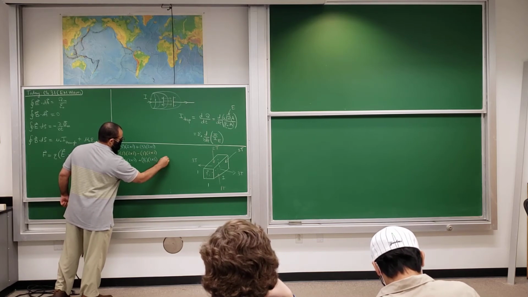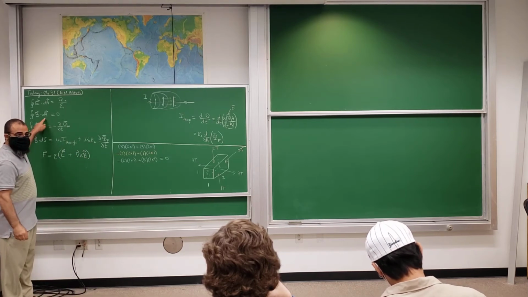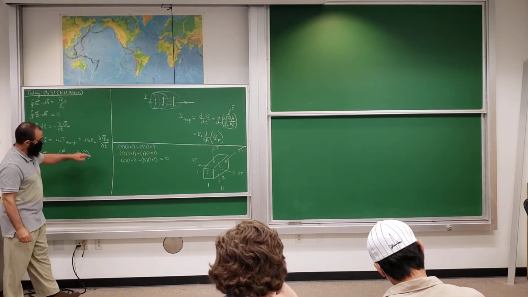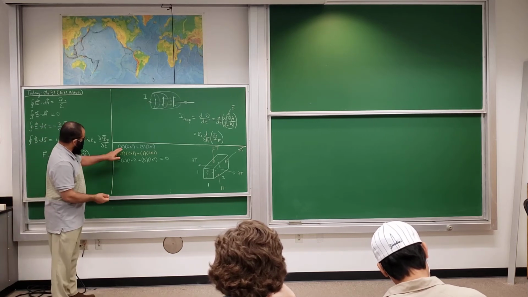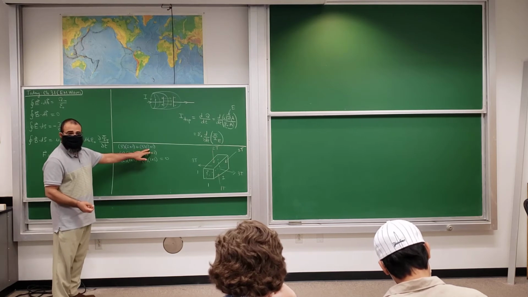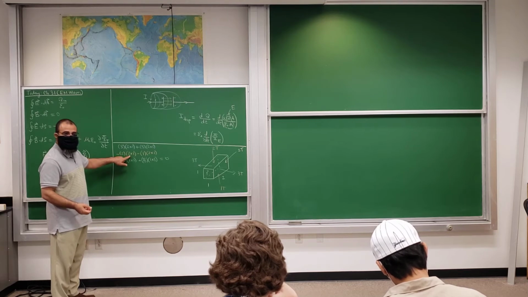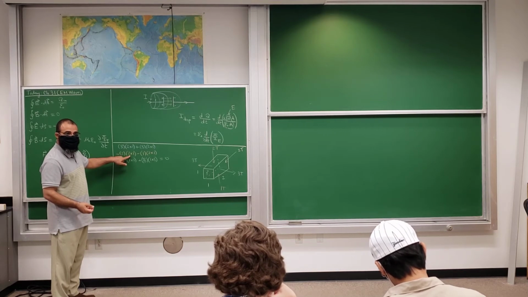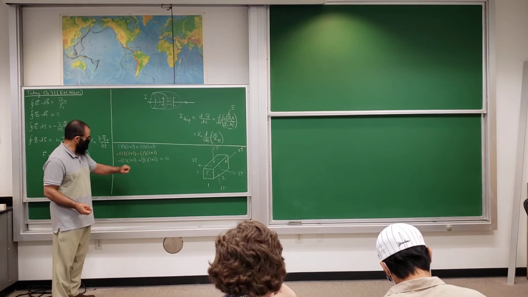When I add them all, I should get 0, right? In accordance with this, B dot dA has to be 0. So let's add them. 3 times 2 is 6, and another 6, so that's 12. 12 minus 4 is 8. And then minus 2 is 6.